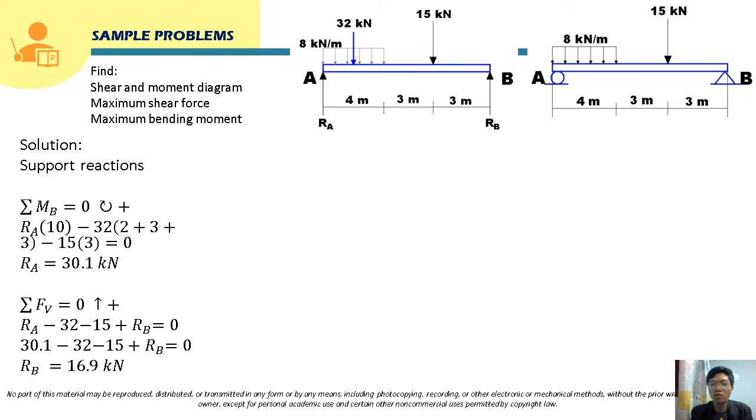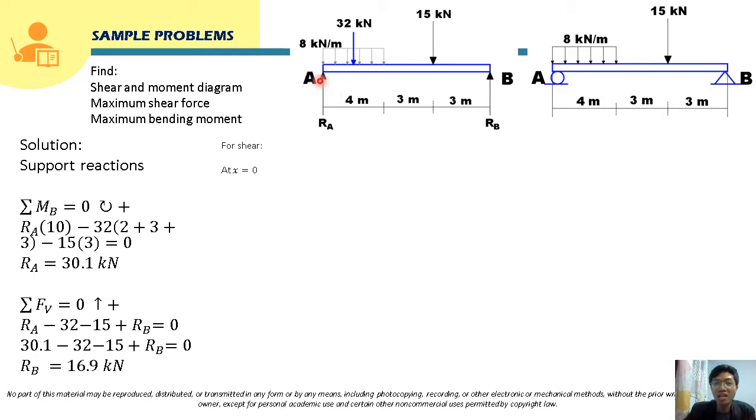Okay, so for the first segment, class, the endpoints here are at this point and at this point. So we are going to solve for the shear. At x is equal to 0, that will be at this point. Take note here, class, that if at this point there is a reaction, this reaction will just be the shear.